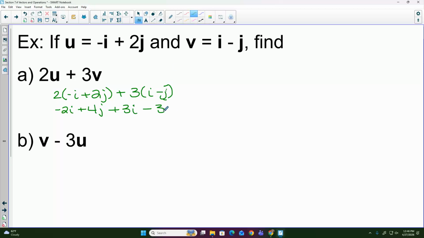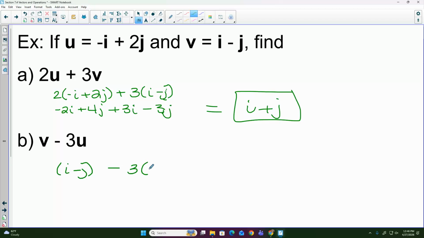We get -3 right there, and then like terms, so we get i plus j. So we don't have to know the actual components. We can just add like terms. So v minus 3u, v is i minus j, minus 3 times negative i plus 2j.